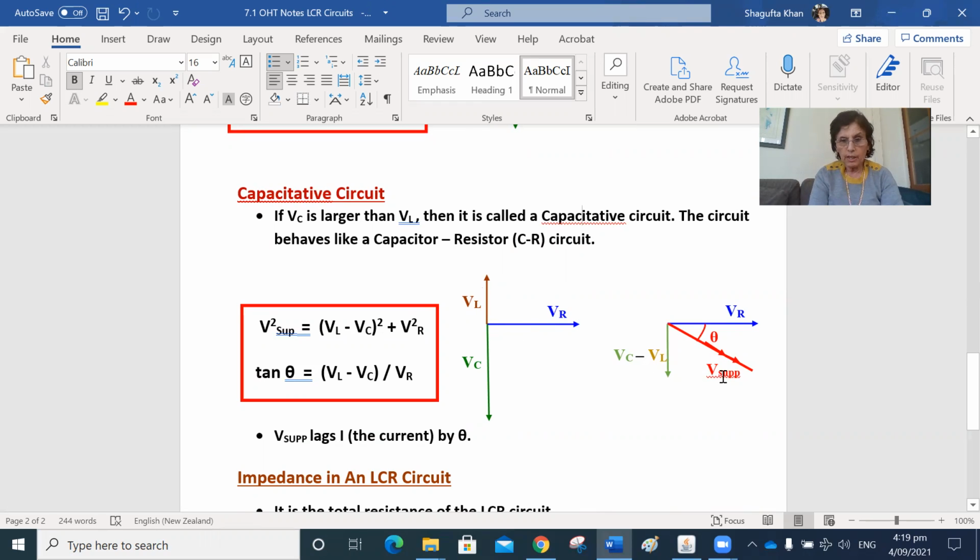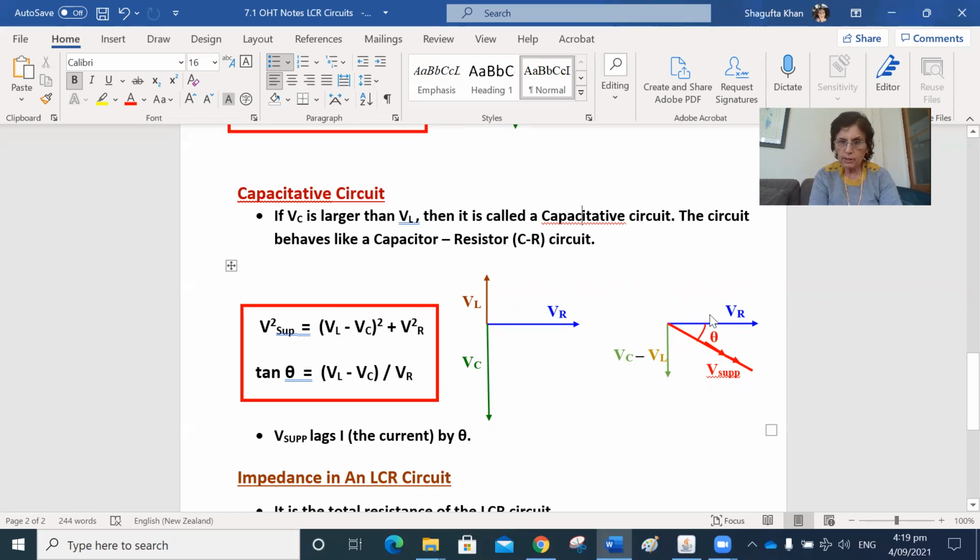So again, we add the phasors like vectors. Because they've got opposite phase, VC minus VL will give us this much size. So this is becoming like a capacitive circuit. Add VR in a vector manner, that will give us the supply voltage, and supply voltage squared will be equal to this square plus that square.